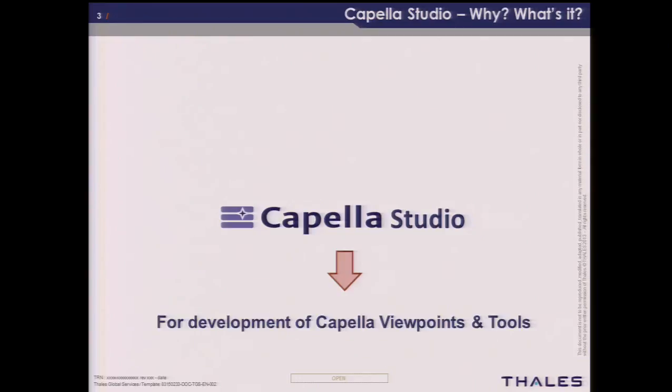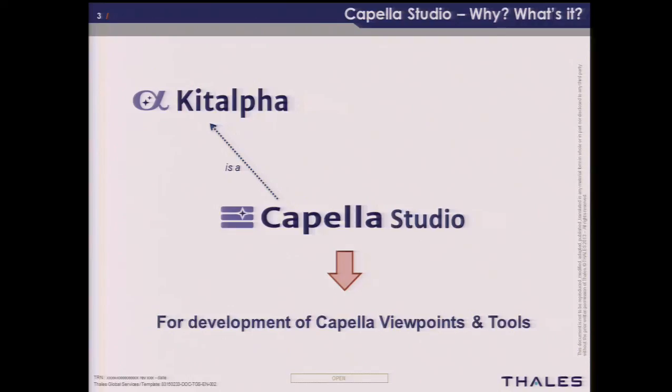So what's Capella Studio? You want to explain it? So it's a development environment to develop Capella viewpoints, but also Capella tools, for instance, model transformation and so on. So you have a set of modeling tools in Capella Studio.